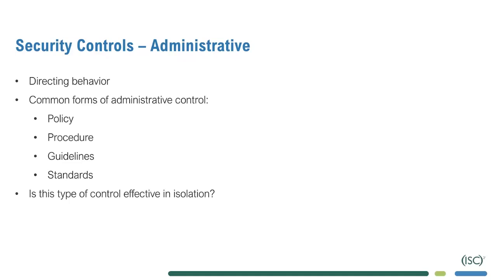And are these controls enough in isolation? Could we just rely on administrative controls? Absolutely not. People forget. People deliberately undermine controls. I've found somebody behaving in a way that breached policy. And I said, why are you doing this?